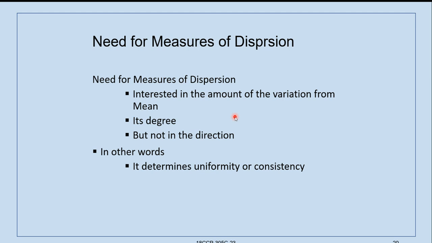Especially in C, we have seen that there is widespread dispersion. There is a lot of dispersion. So we will be interested in learning measures of dispersion, its degree, how much variation is there, but not in the direction. To what extent they are widespread, in percentage. In other words, it determines uniformity or consistency.